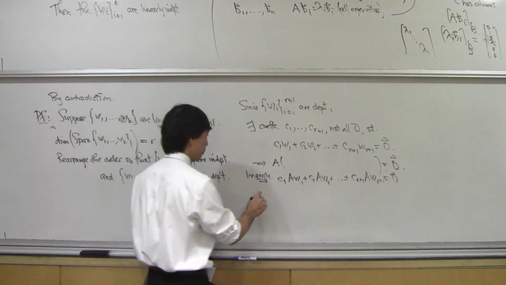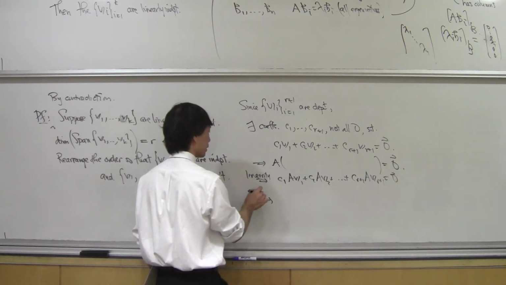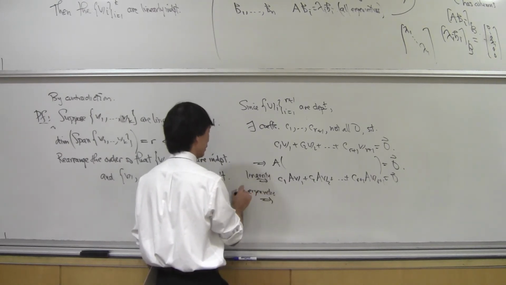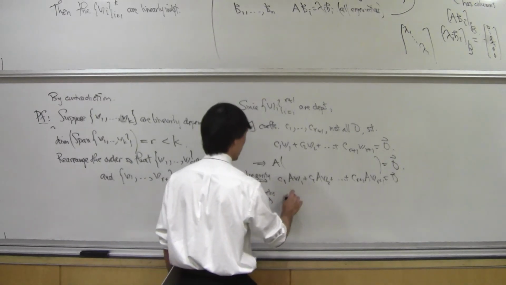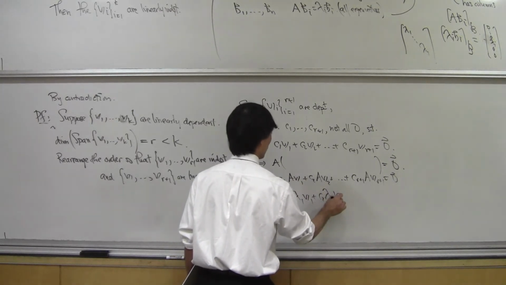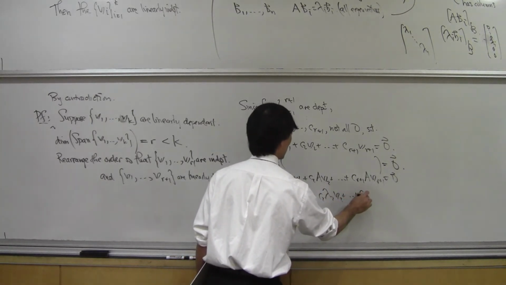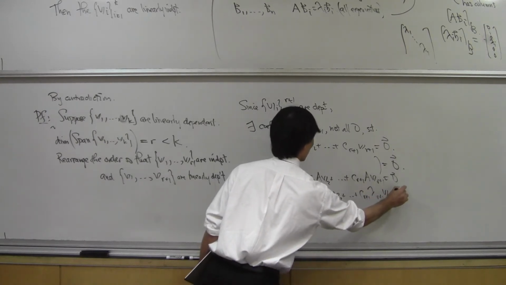But remember, each of these guys was an eigenvector. The Vi are all eigenvectors. So this says that c1 lambda1 V1 plus c2 lambda2 V2 plus ... plus c(r+1) lambda(r+1) V(r+1) is the 0 vector.